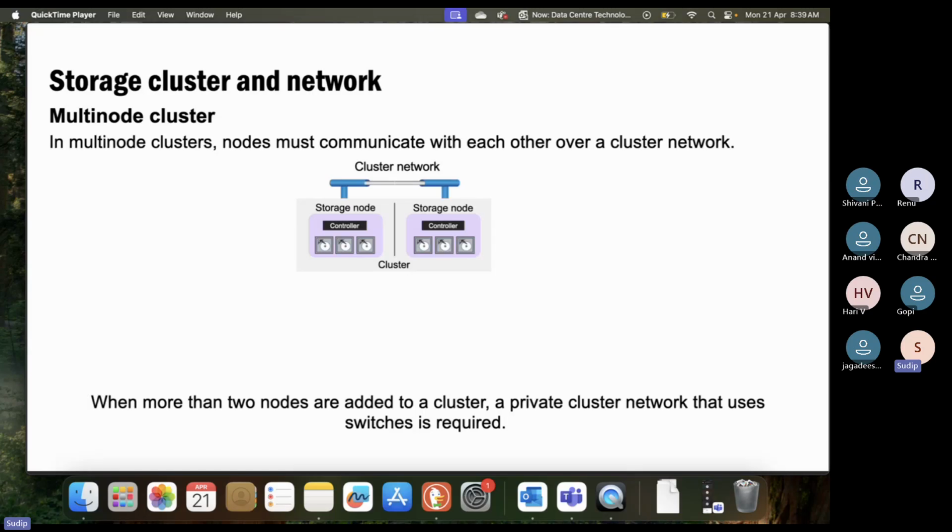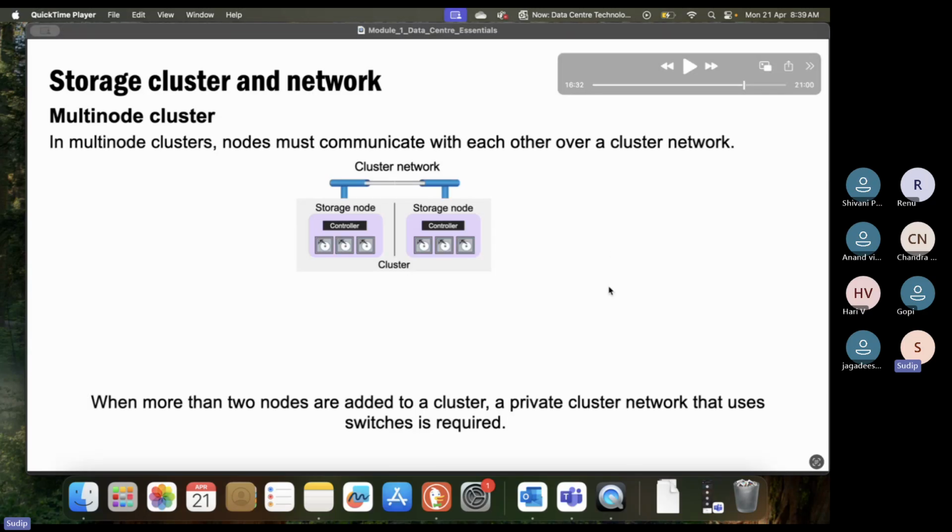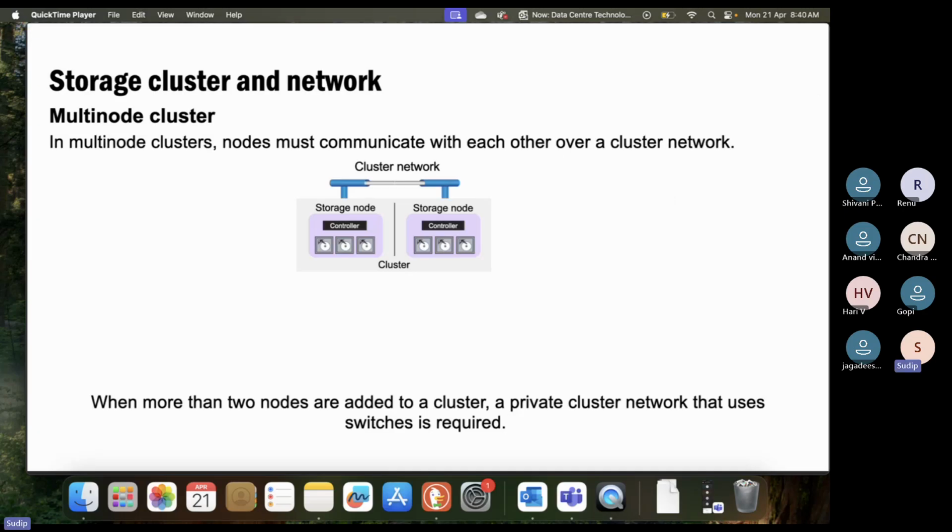But when the number of controllers in a storage system goes beyond just two, then just to connect the controllers themselves, there is a dedicated backend network. Emphasize the word backend, because this network will not be used to communicate or connect to your servers or workloads, which is the front end.